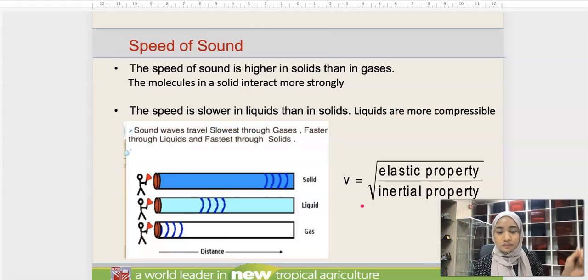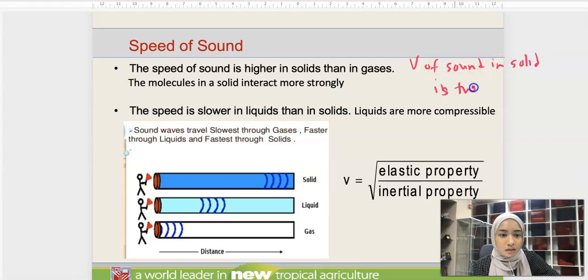Okay, next. The speed of sound is higher in solids than in gases. So the V of sound in solid is the fastest. And then it is the slowest in gas, which means that what we are hearing right now, which is in air, which is in gas, is the slowest.